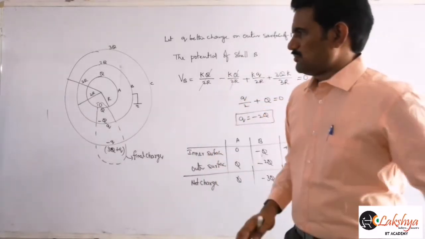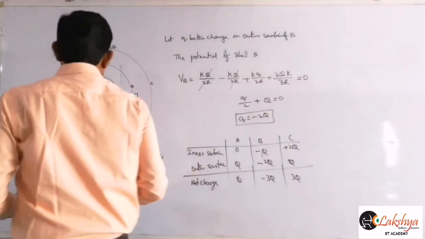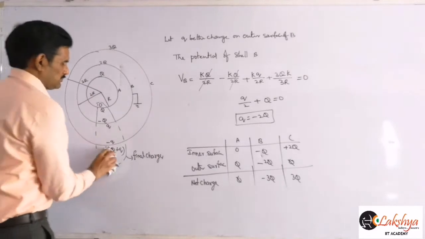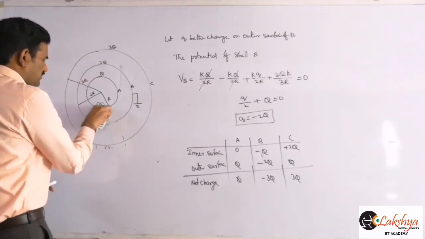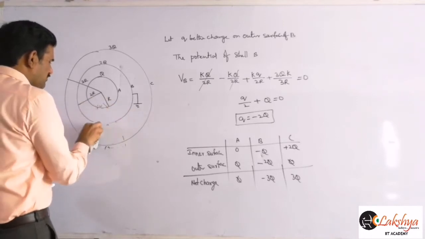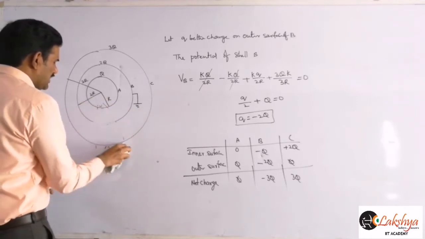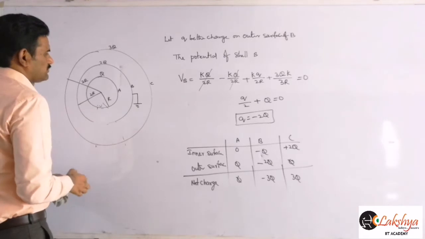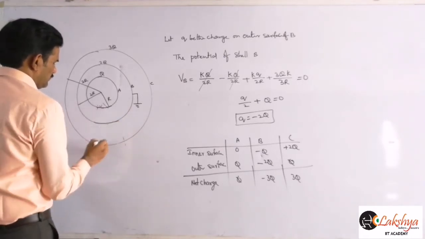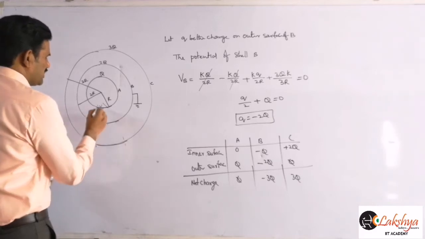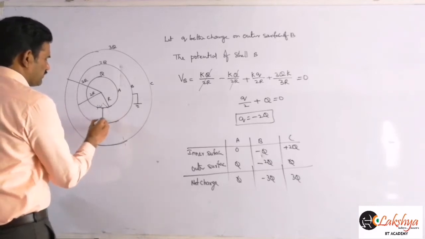So let us take the same problem. I am taking the same problem here, like 3 concentric shells, and additionally now what I am taking is the shell A and C are connected together. Right? Now that is the additional connection I am taking here.